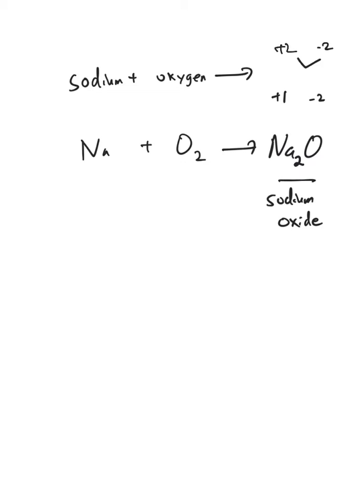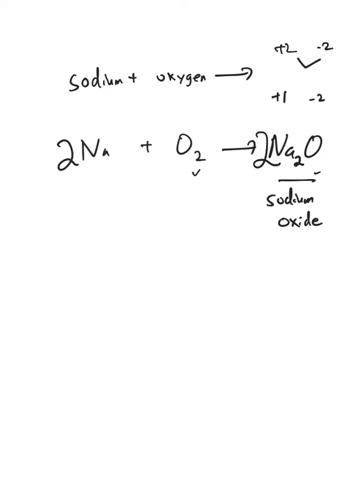But we want to balance the chemical equation. 1 sodium on the left, on the reactant side, 2 on the right, on the product side. I need a 2 in front of the sodium. 2 oxygens on the left. Oops, I've only got 1 oxygen on the right. So I need more oxygens on the product side. Let's put a 2 there. So now my oxygen's balanced, but my sodiums no longer are.